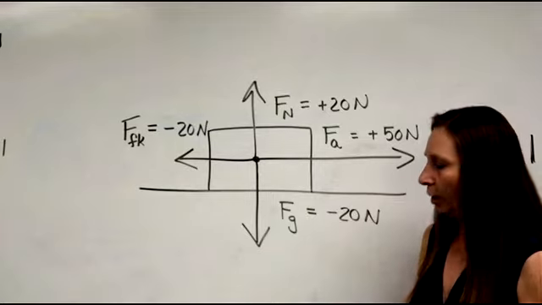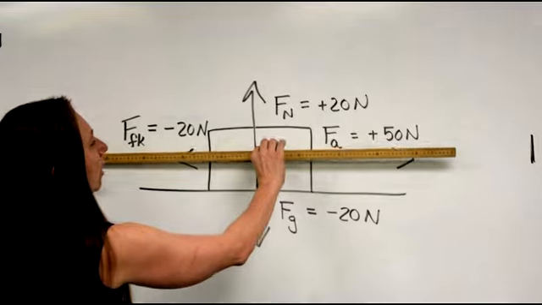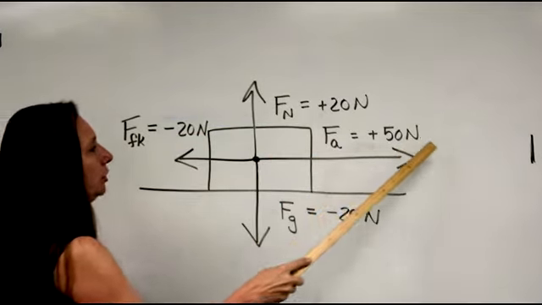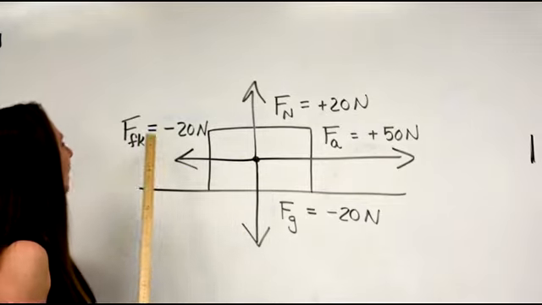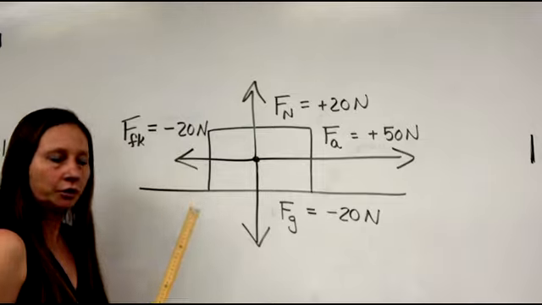Now, what about the net horizontal force? All right, here are the horizontal forces. You've got the applied force, which is positive 50 newtons, and you've got the kinetic friction, which is negative 20 newtons.